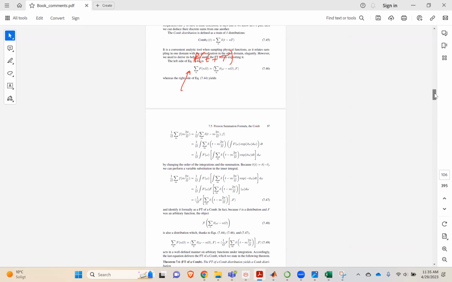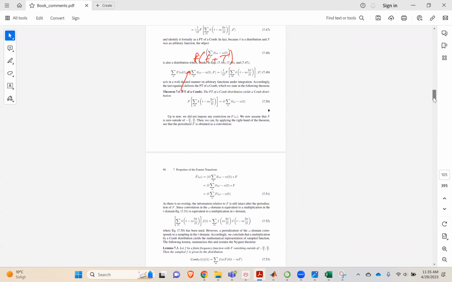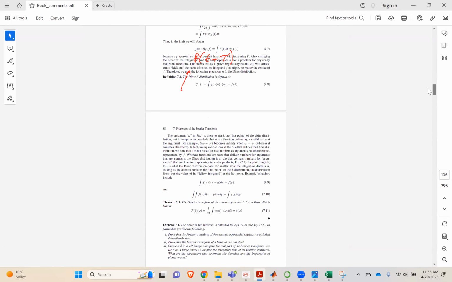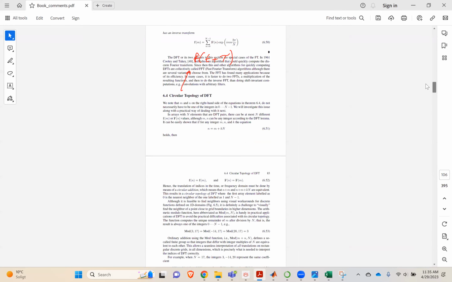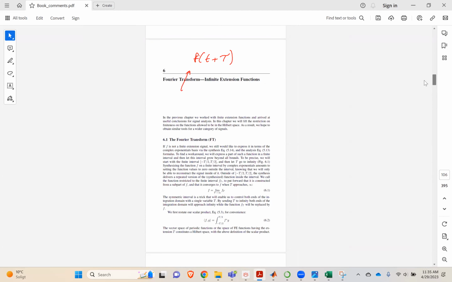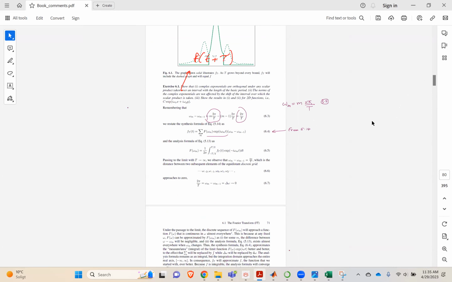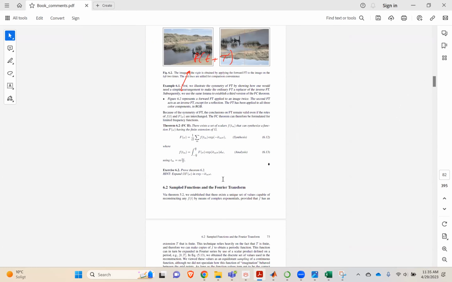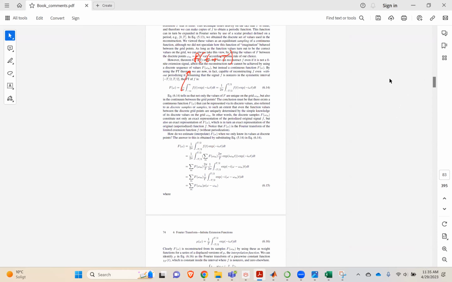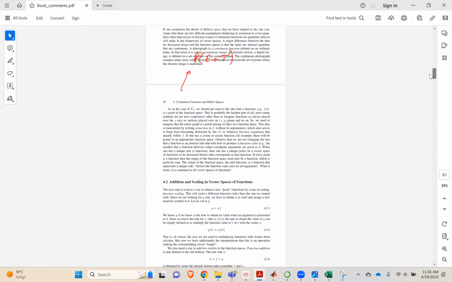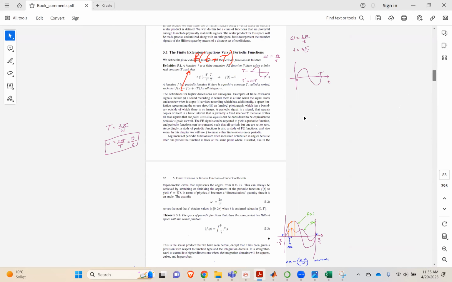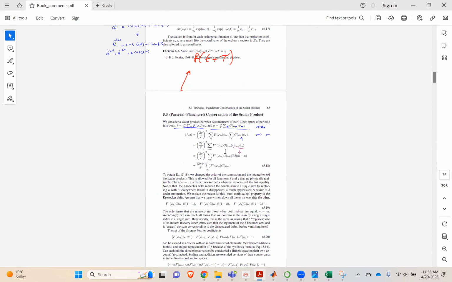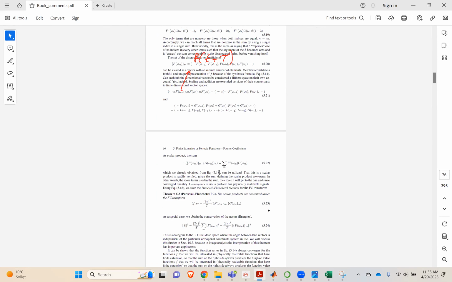What's the page number? I think we got tau terms in here.